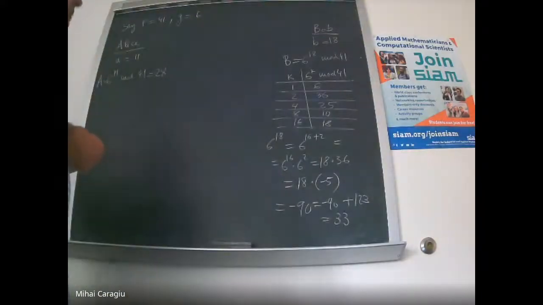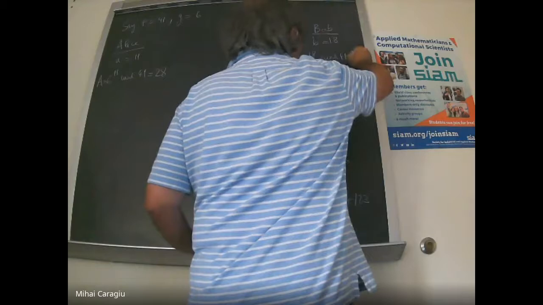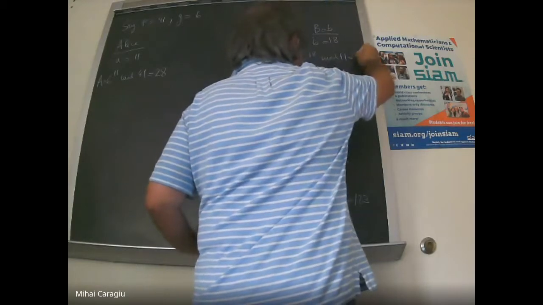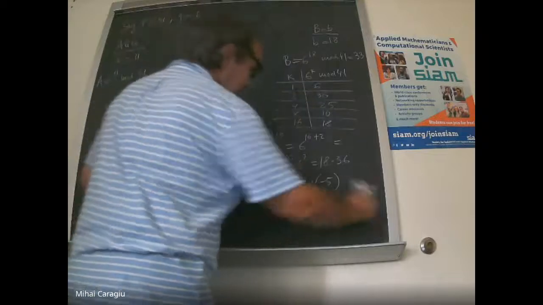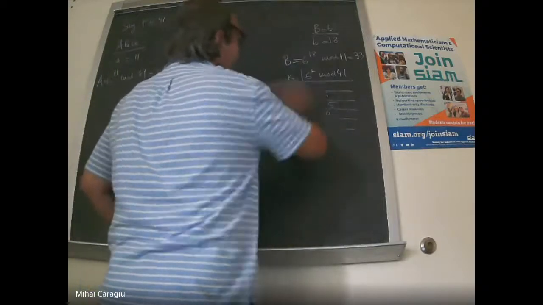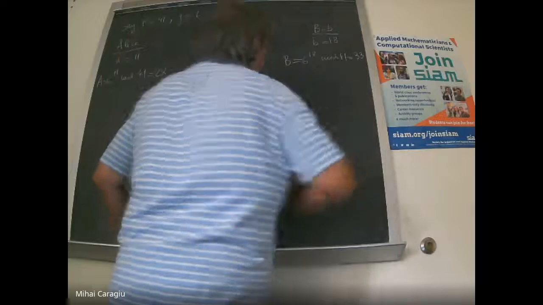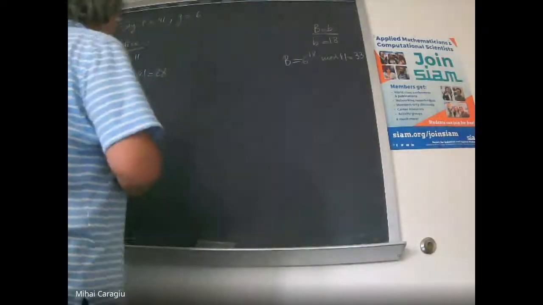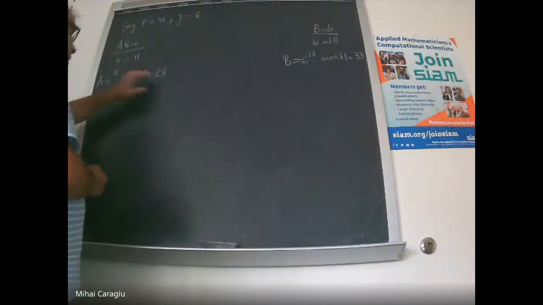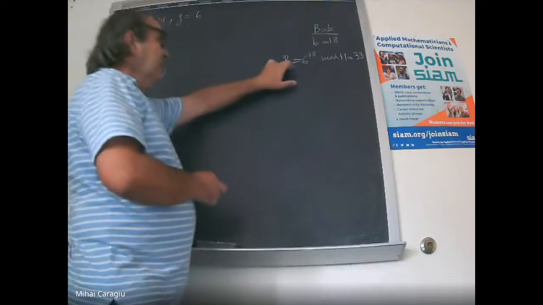Okay, so we got big B equals 33, so that's the fruit of our work so far. This 33, and let's erase the work, and we got the fruit. Okay, so Alice gets big A is 28, Bob gets big B is 33.